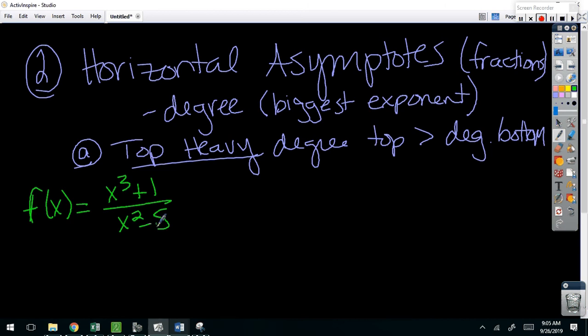Top heavy. The biggest exponent up top is bigger than the biggest exponent on the bottom. You go with me? If that happens, and I'm going to call my horizontal asymptotes HAs, if this happens, then there is no horizontal asymptote at all. Okay? Top heavy, no horizontal asymptote.